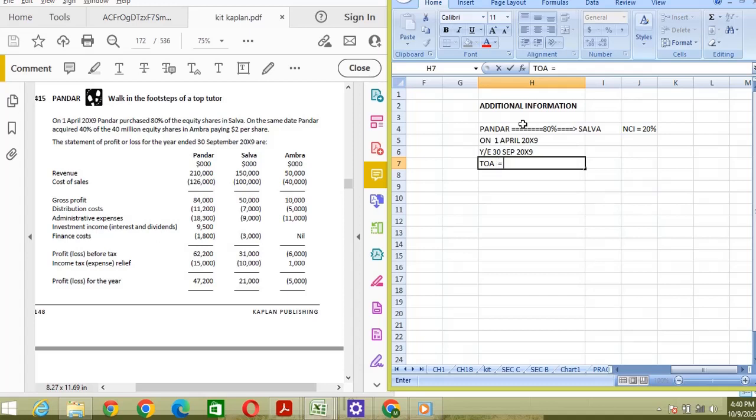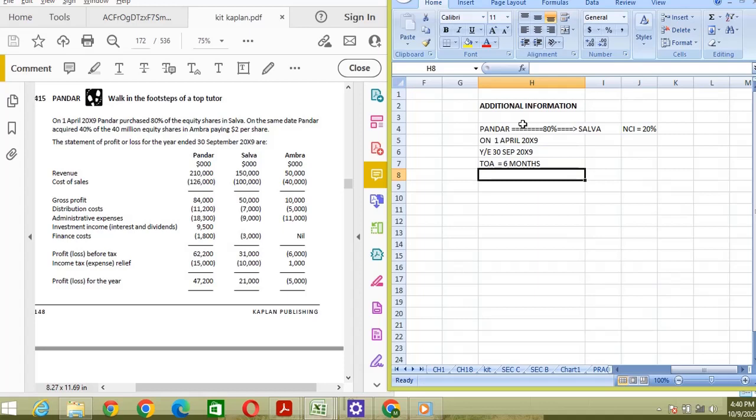So April, May, June, July, August, September: it means 6 months. So this is a major acquisition, right? We have to take each and every figure of the PL of the subsidiary only for the 6 months. So TPC we won't require in the case of PL.